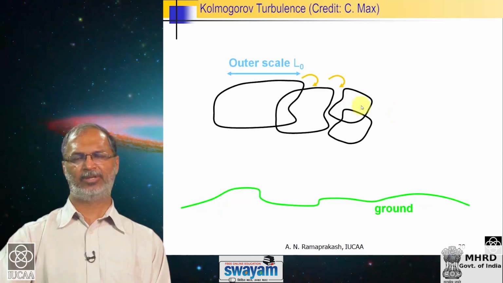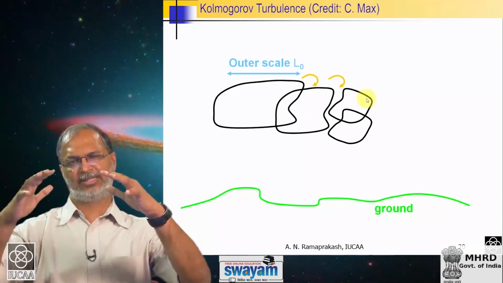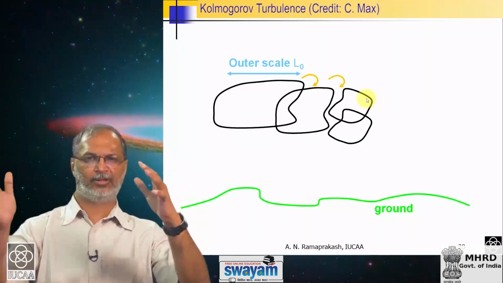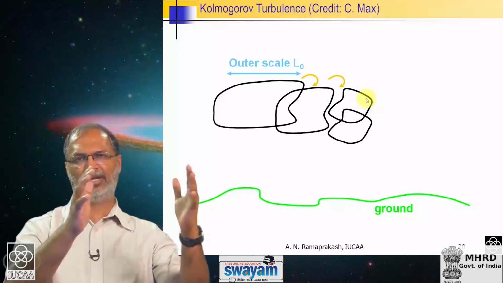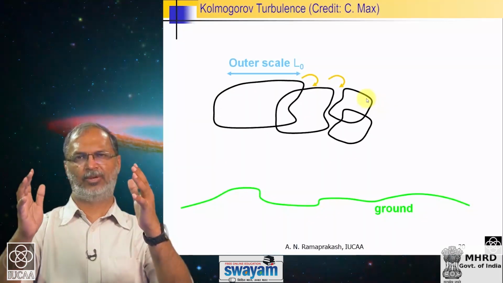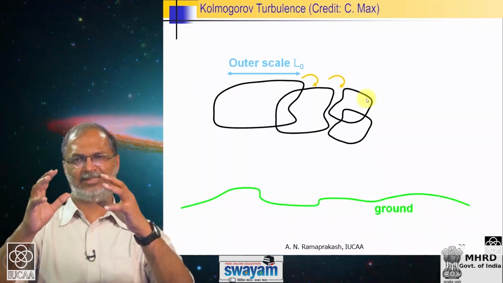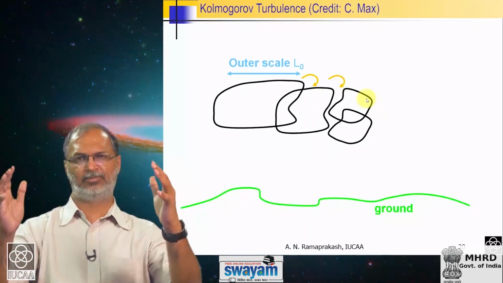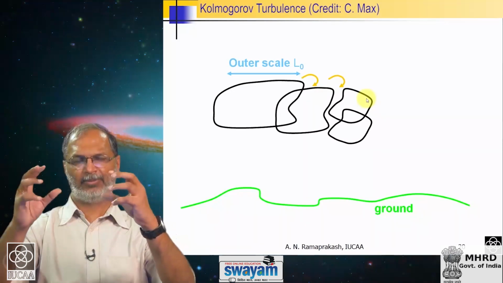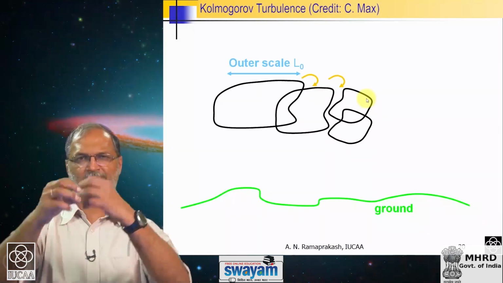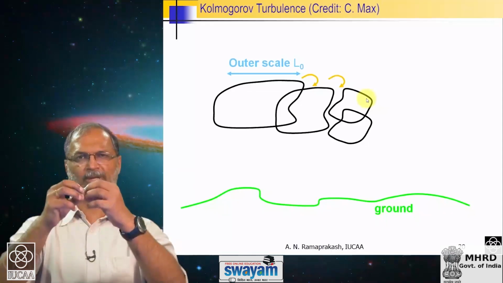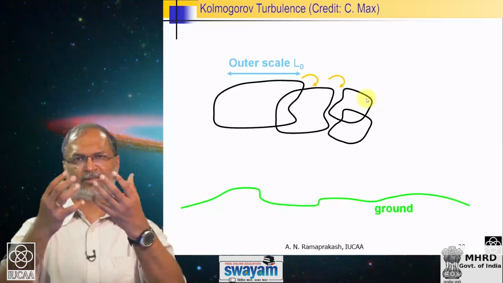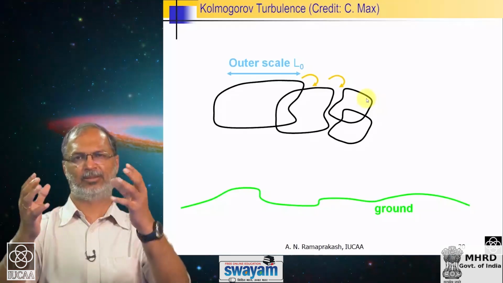What I am trying to say here is, at large scales energy is injected by the sun, the earth, etc., into the atmosphere. The wind blows the air across, and because of all these movements, the energy injected initially into large scale motion of big parts of the atmosphere will break up into smaller and smaller parts which are independently moving relative to each other.